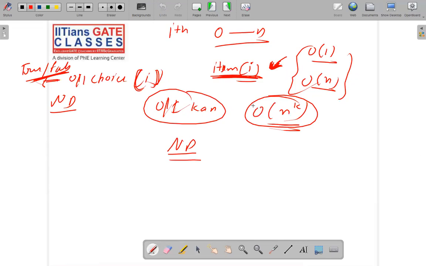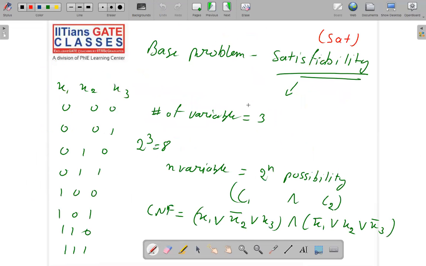Now let's talk about the standard problem, which is the SAT problem, the satisfiability problem. Here we are given a CNF, conjunctive normal form. This is conjunction. We are given some variables like x1, x2, x3. So this is x1 disjunction x2 disjunction x3. x2 here is actually x2 dash, the negation of x2.